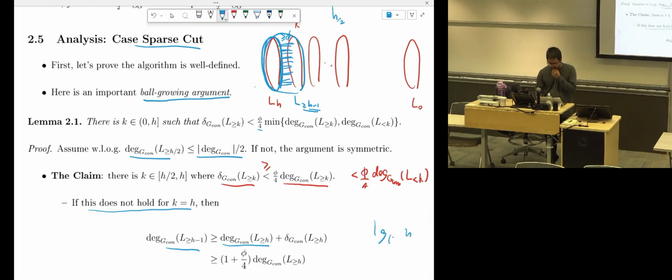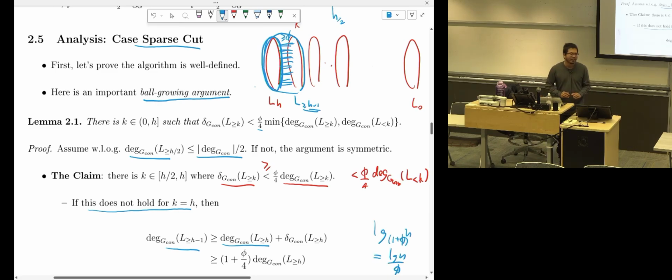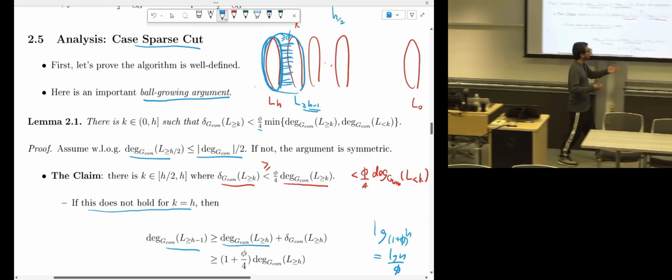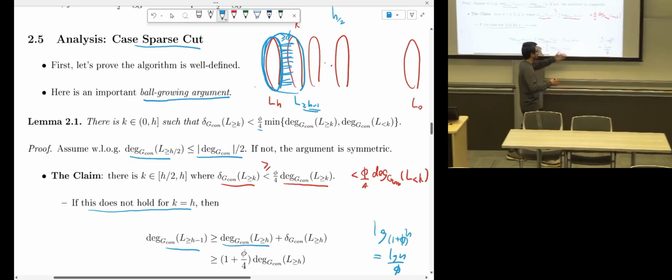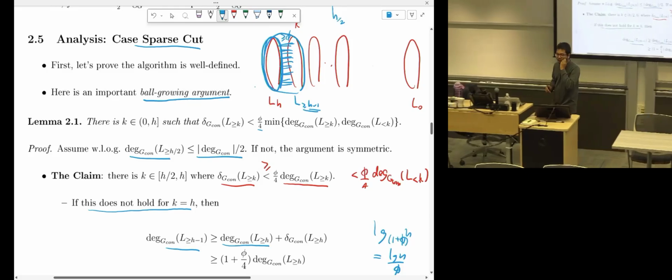Yeah, log of this thing. So that is like log n over phi. Okay, that's basically if it grows by this factor many times, then it's just going to be too big.